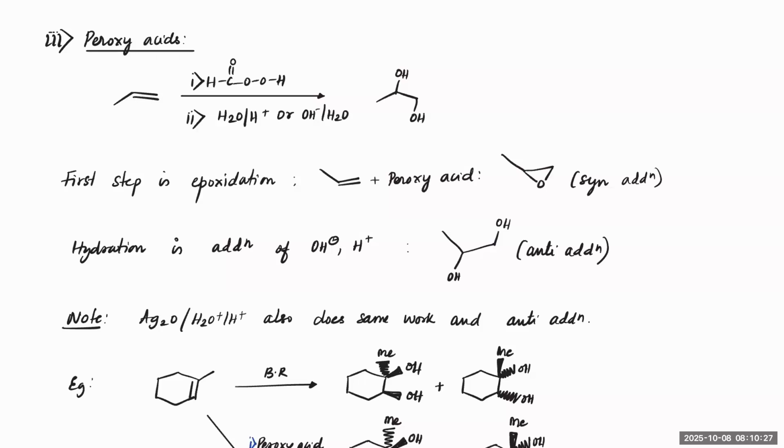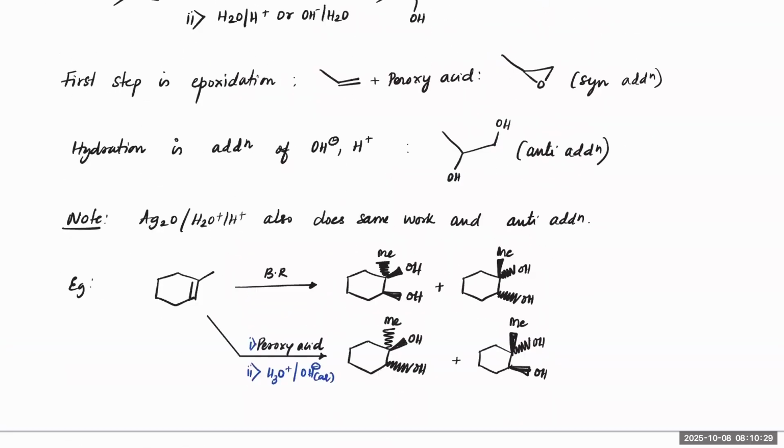And anti-addition can be done in both acidic or basic medium. You can see Ag2O in the presence of H2O or H plus also does the same work. This is also going to give us the same anti-addition. First epoxidation, then hydrolysis.